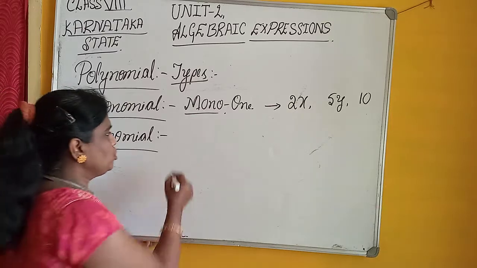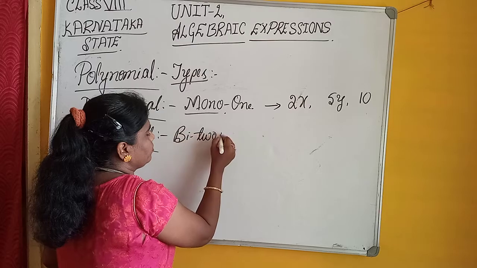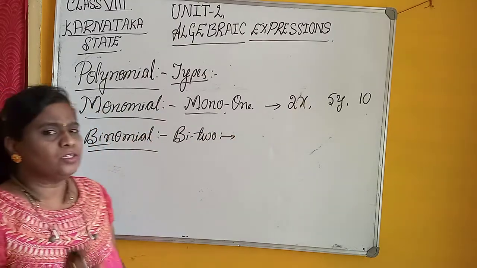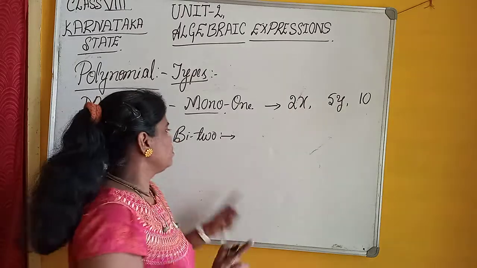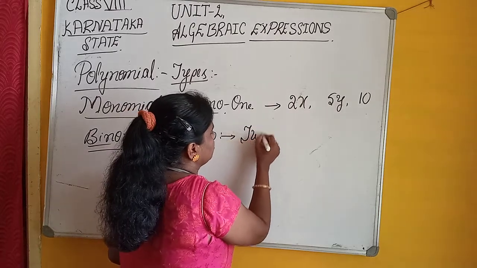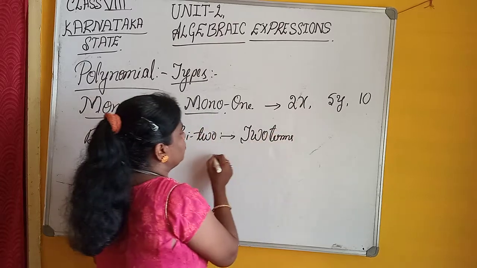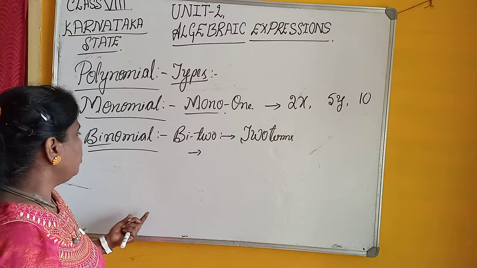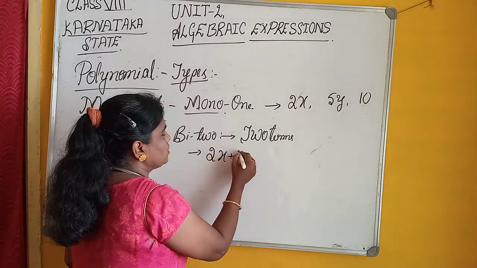Bi means two. A polynomial which contains two terms is called a binomial. It consists of two terms. Give some examples. Are you following?